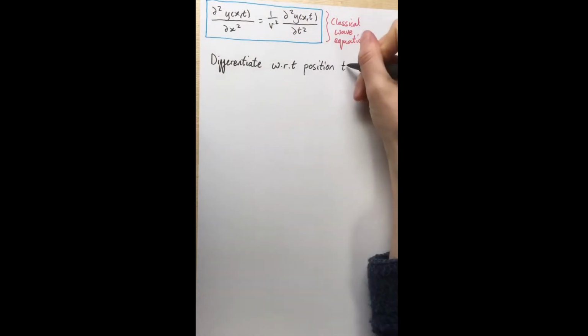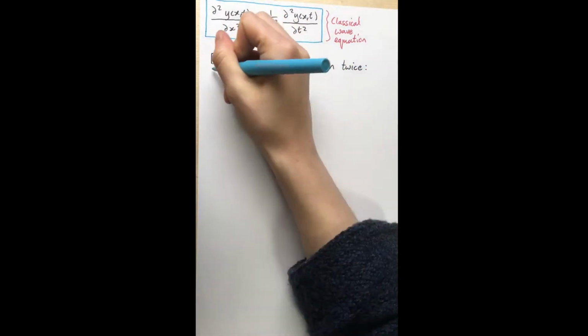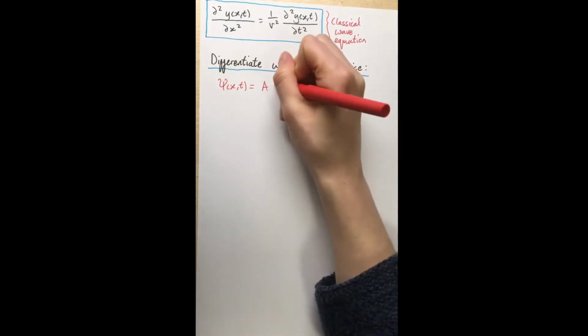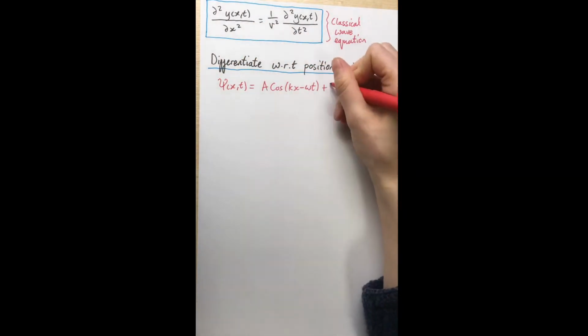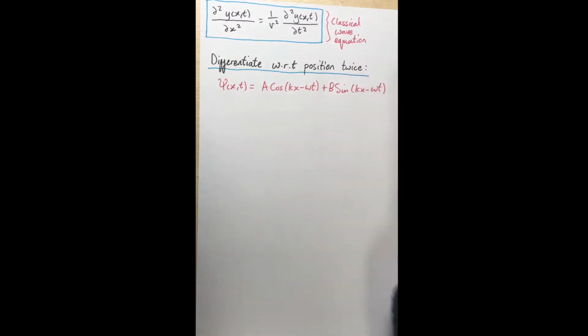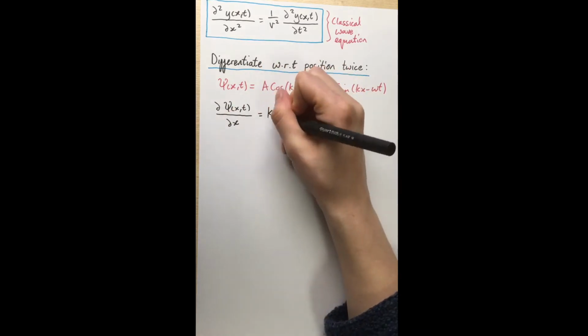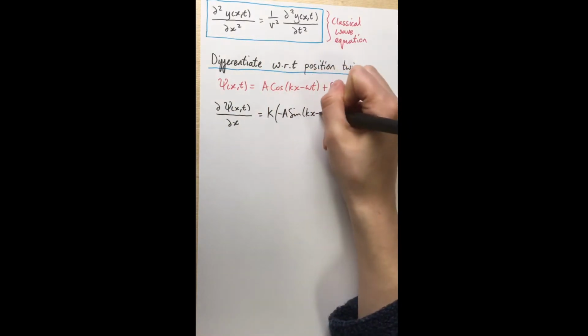We notice that the classical wave equation has a second derivative with respect to position. So we'll start to differentiate our proposed wave function solution to fit the form of the classical wave equation. When we differentiate once, we find a factor of k.